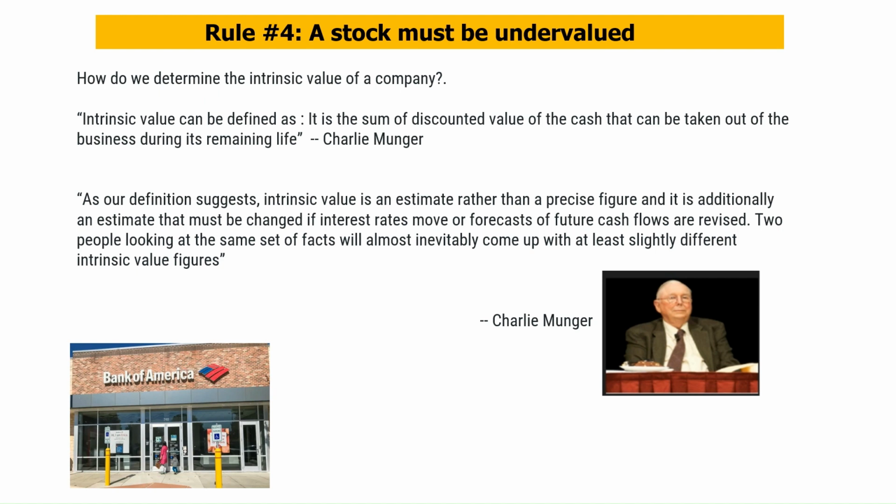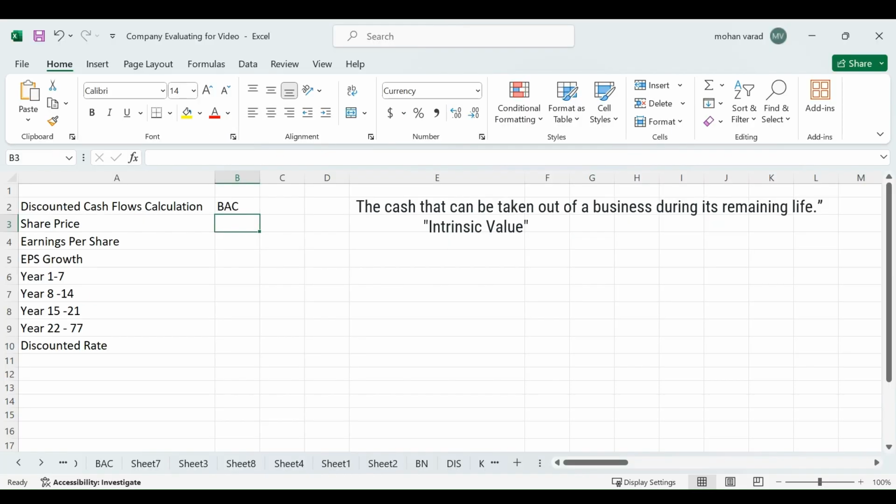As the definition suggests, intrinsic value is an estimate rather than a precise figure, and is additionally an estimate that must be changed if interest rates move or forecasts of future cash flows are revised. Two people looking at the same set of facts will almost inevitably come up with at least slightly different intrinsic value figures. So in the next session, let's calculate the intrinsic value of Bank of America.